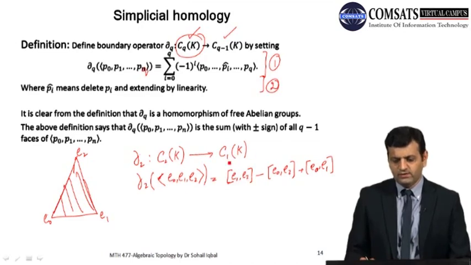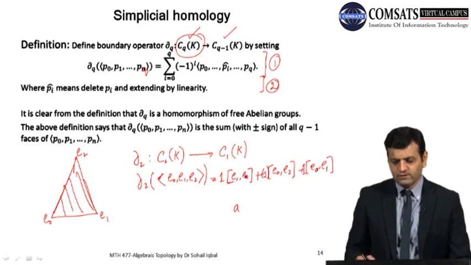So of course it is an element of C_1(K), because every element of C_1(K) is of the form some integer multiplied by some 1 simplex. In this case the integer is 1, in this case the integer is minus 1, in this case the integer is 1.